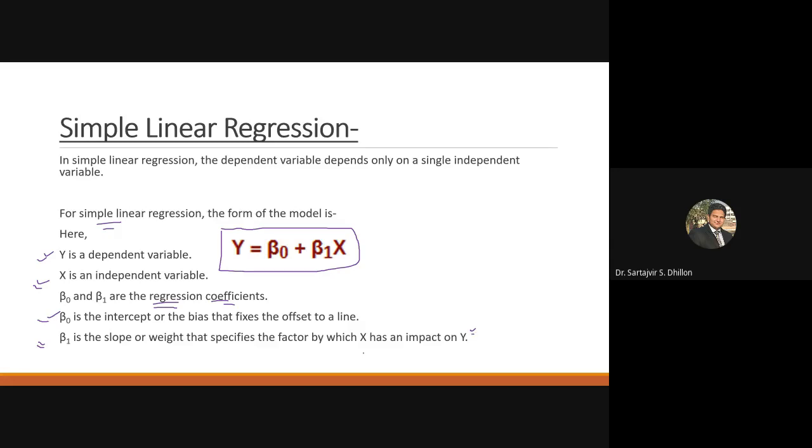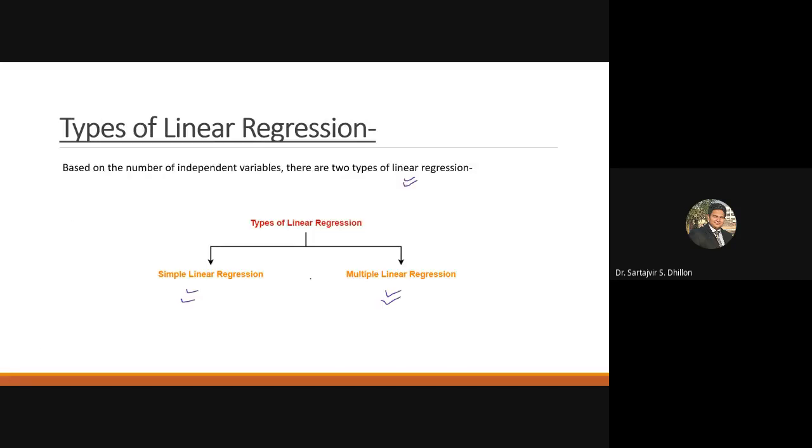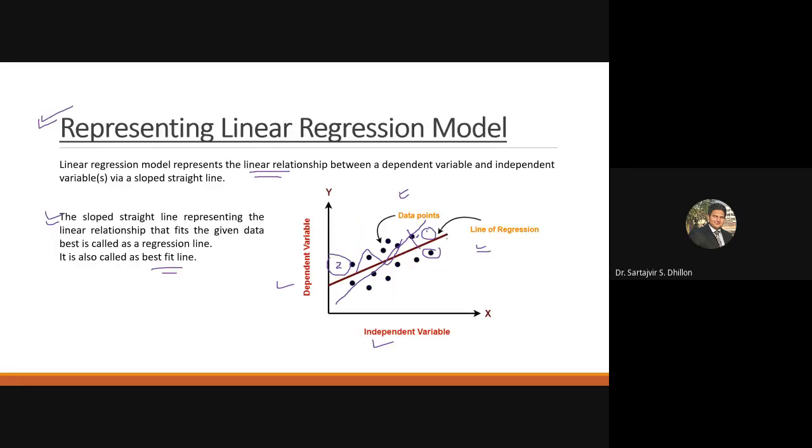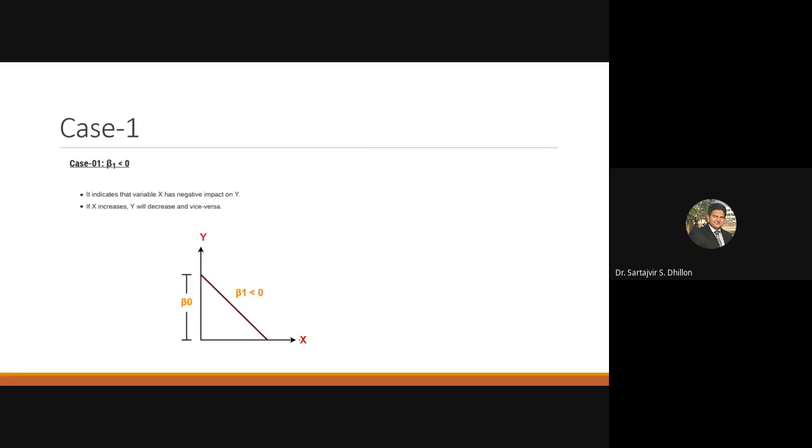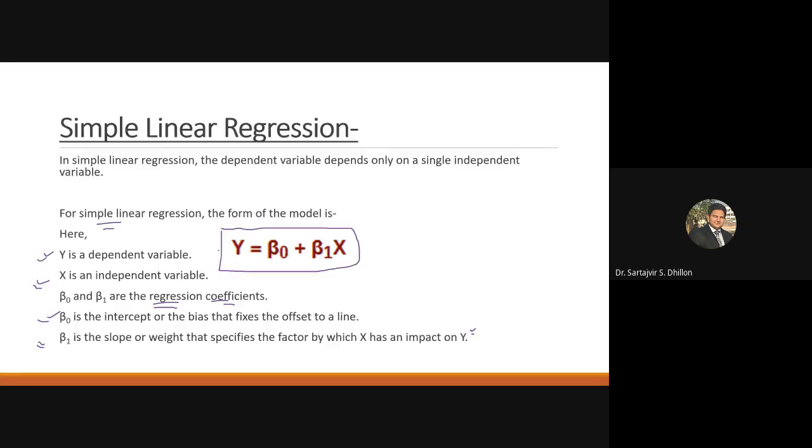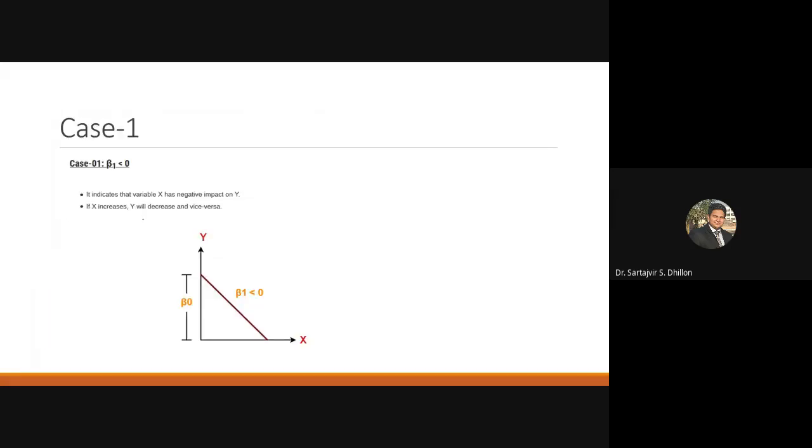So the independent variable has an impact on the dependent variable. This is a very basic equation normally used to design this line. Now there are some different cases that exist in a simple linear regression.